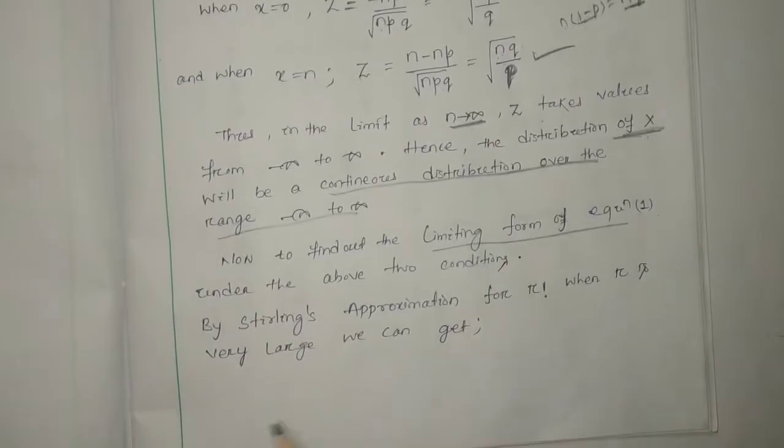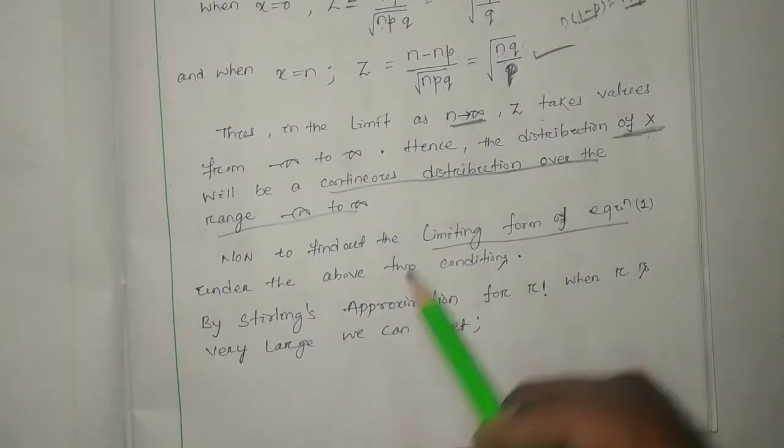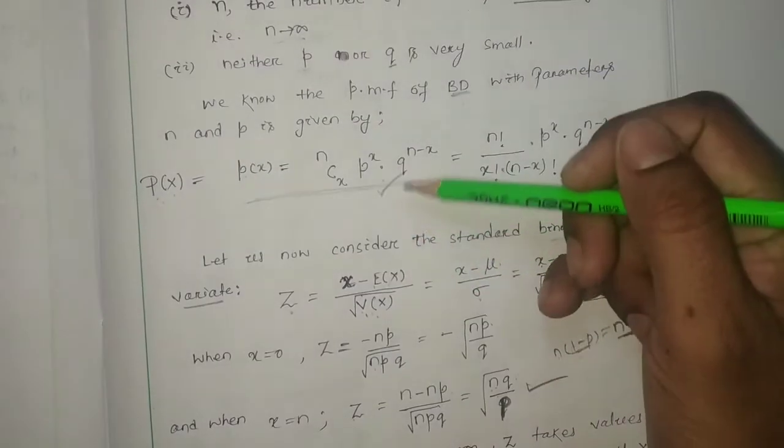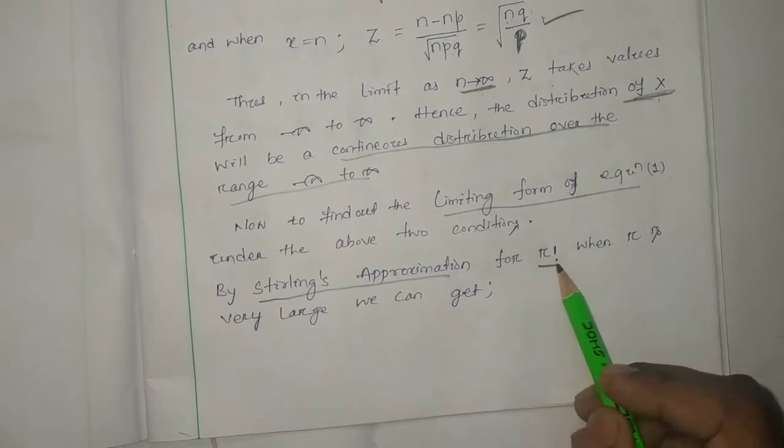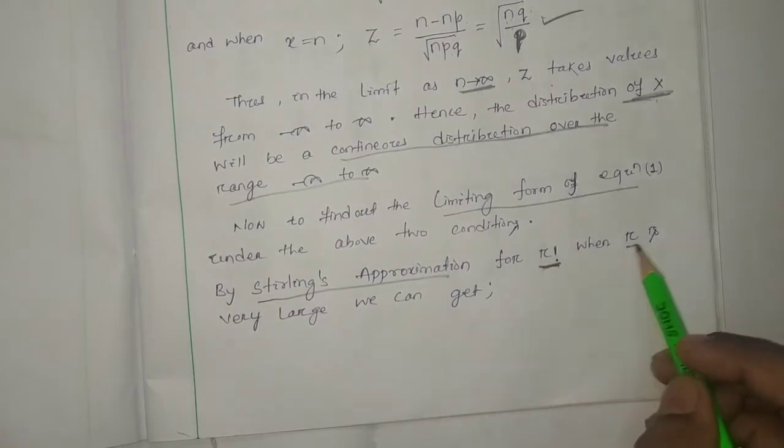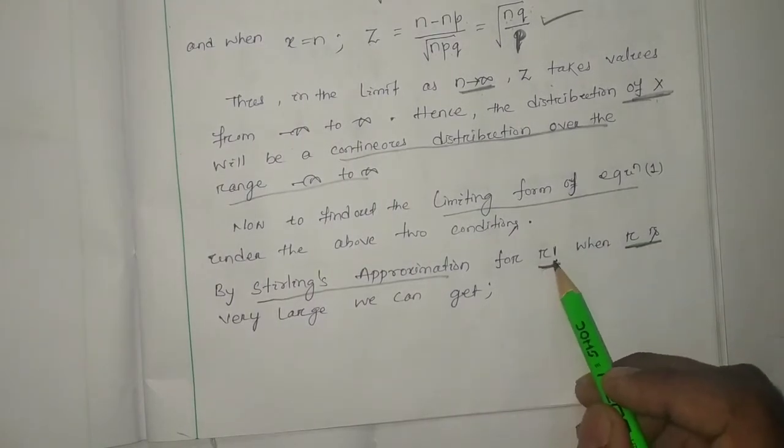Before we do the derivation, we have to consider Stirling's approximation for r factorial. Suppose r is a very large number, then what is the factorial of r?